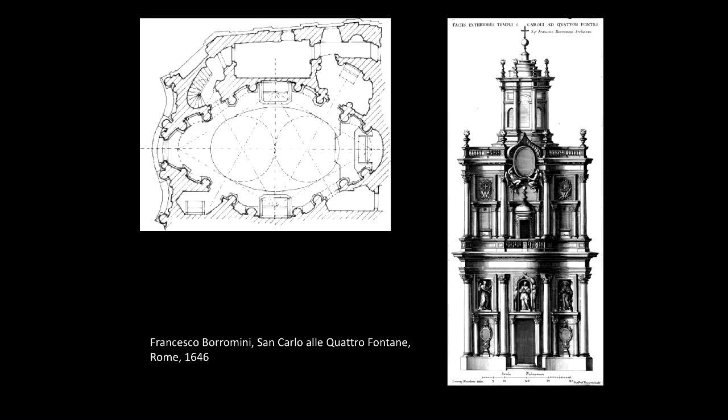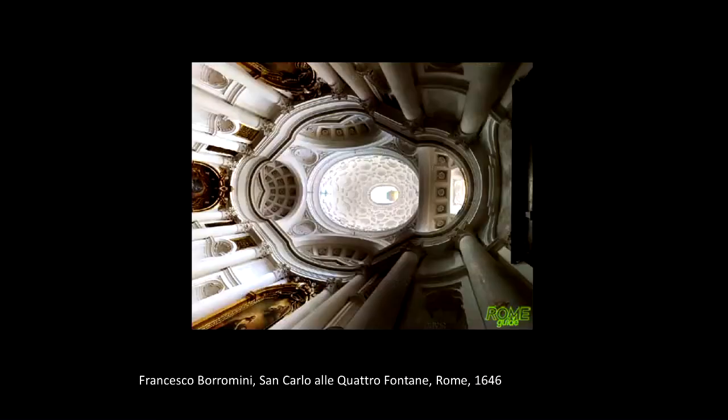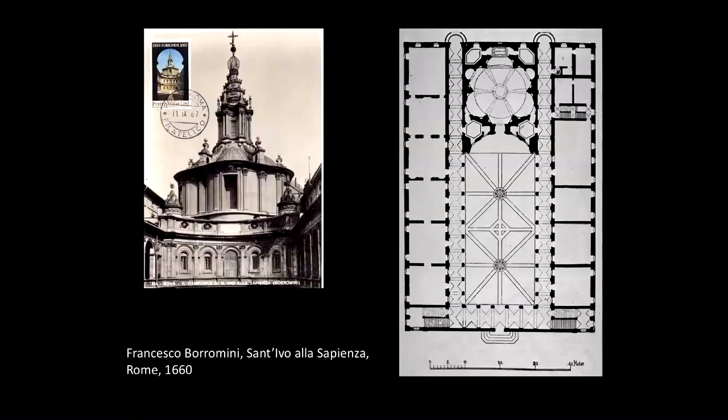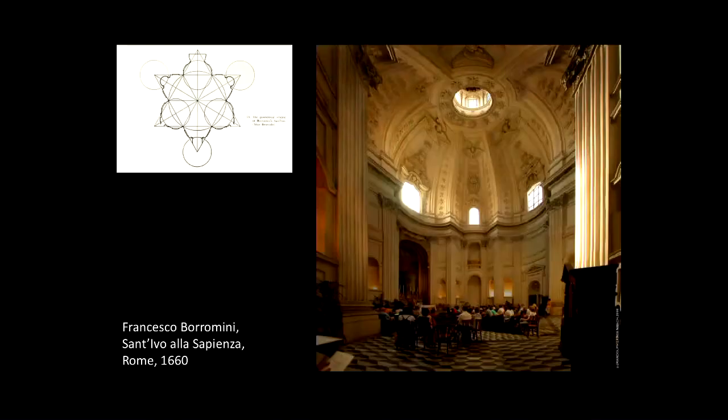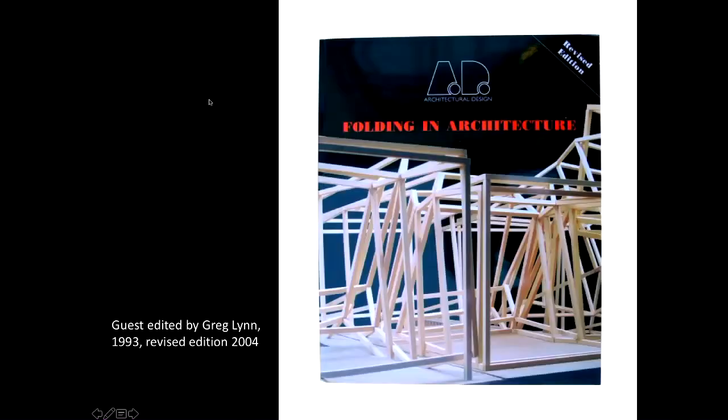But as we know, and as his comparison shows, while these are showing movement and flowing of space, they are based on static geometries. This is San Ivo in Rome. Static geometries.